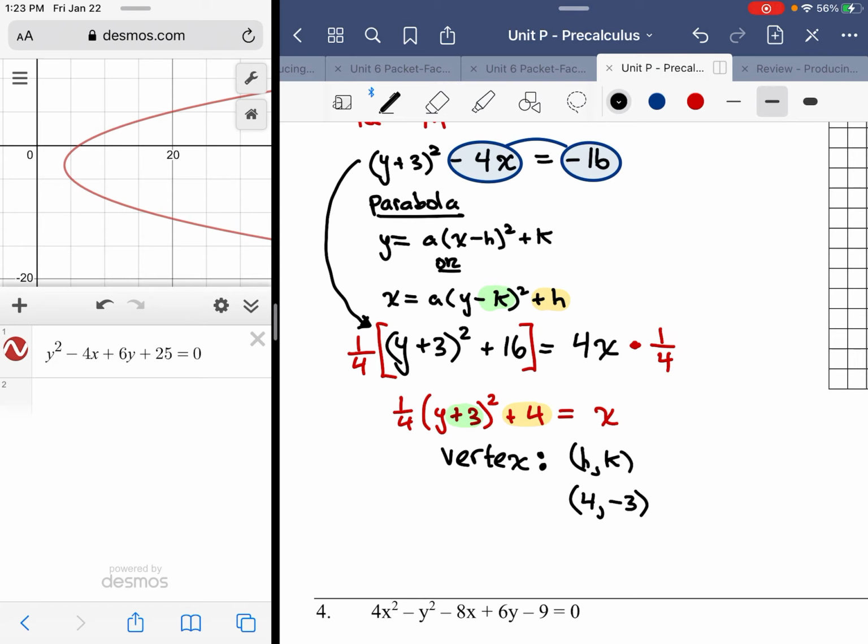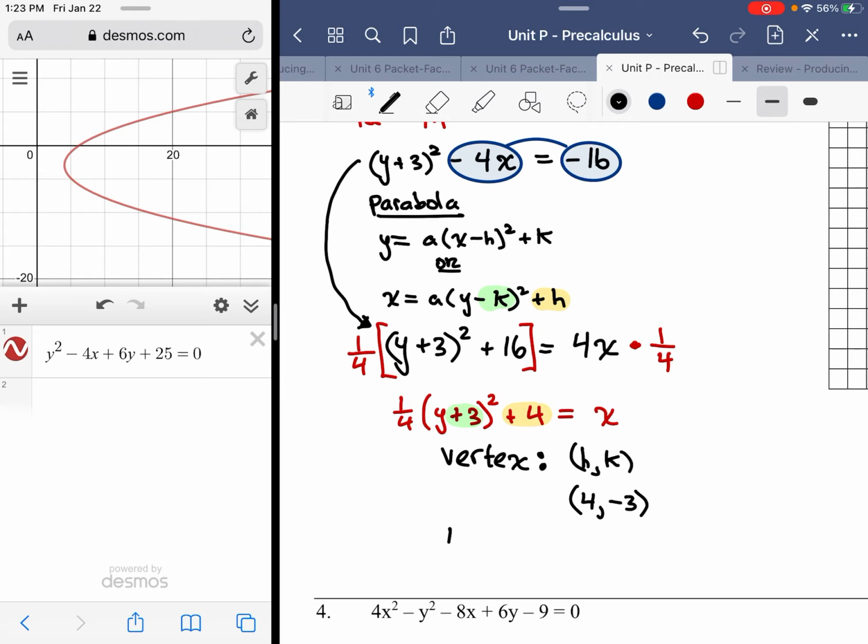You look at it and say, I need a positive 3. What did k have to be in order for y minus k to become y plus 3? What a lot of people will do, to have a more mechanical approach, is say negative k has to be equal to positive 3, and solve for k. That's fine too.